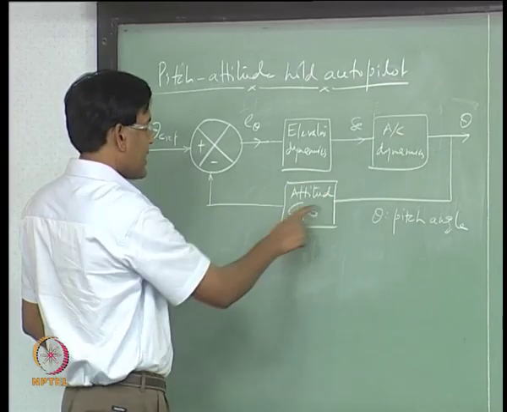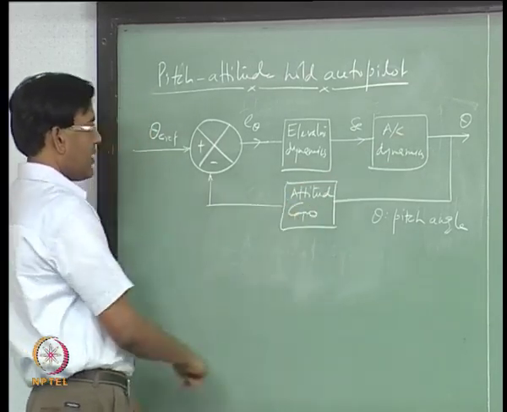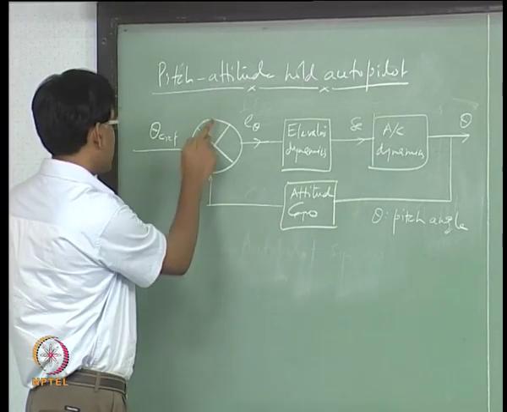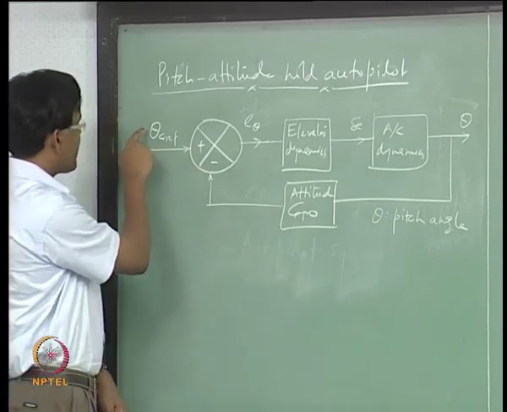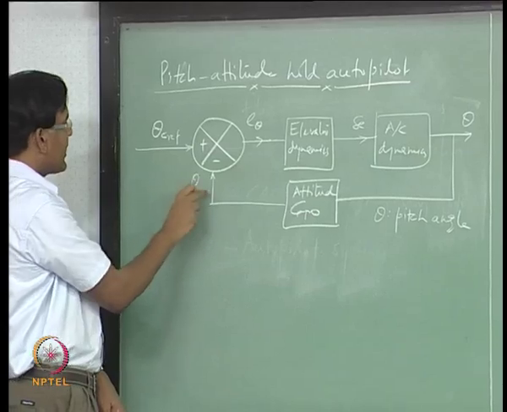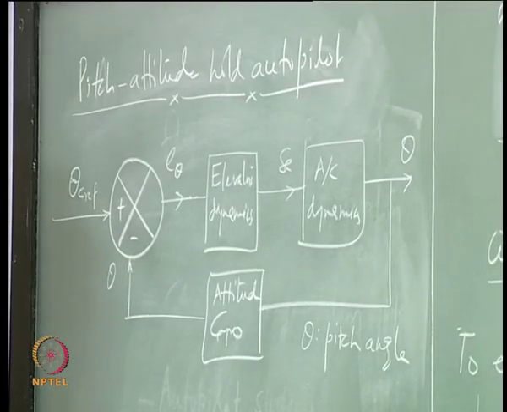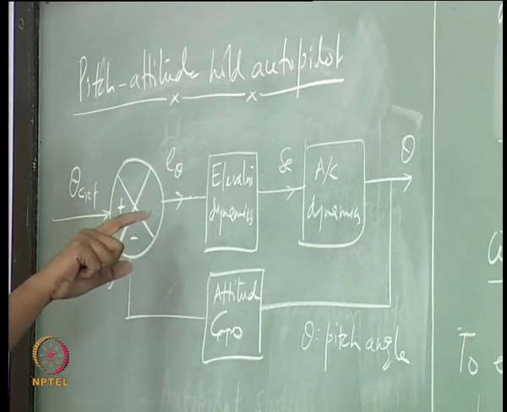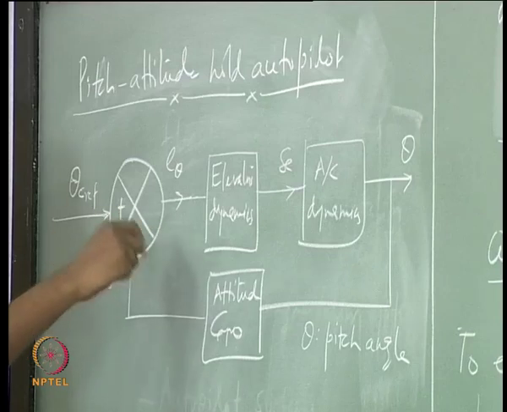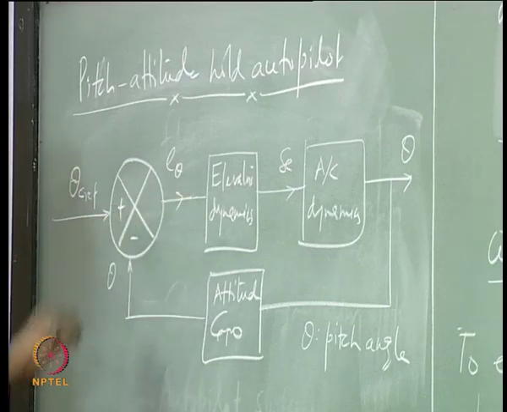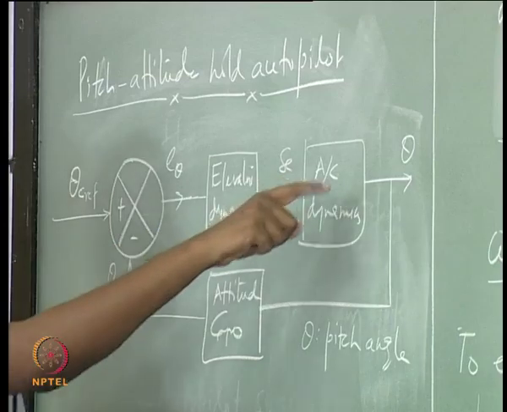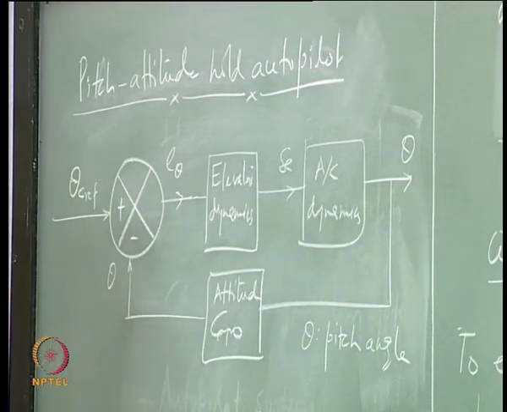So, theta is being read using this attitude gyro and is being fed here, compared with theta reference, and if it is not 0, then there is an error being introduced here. Proportional to that error, the elevator is deflected, and that in turn gives theta, which will try to minimize this error in pitch angle.